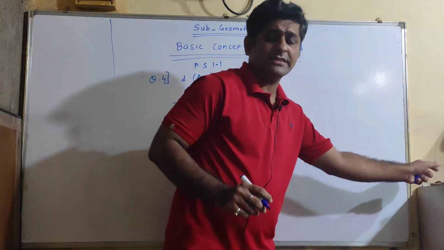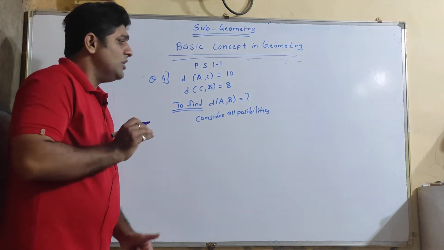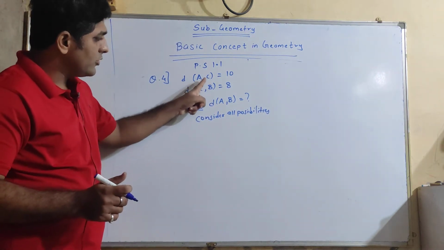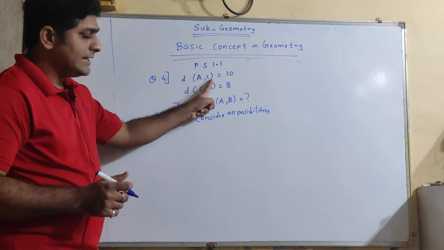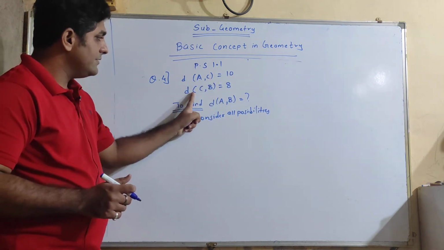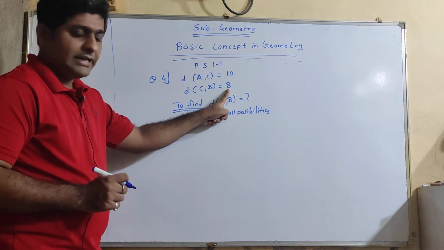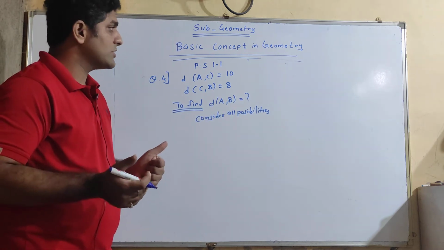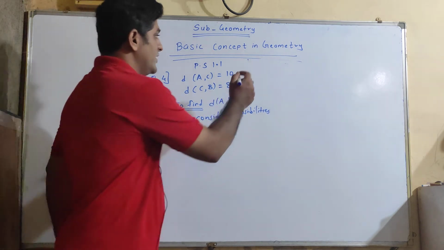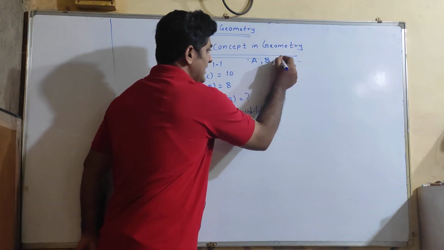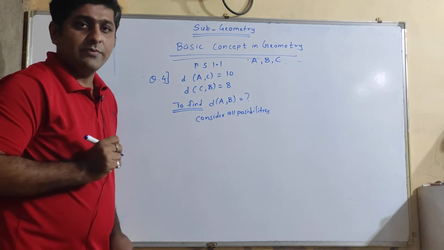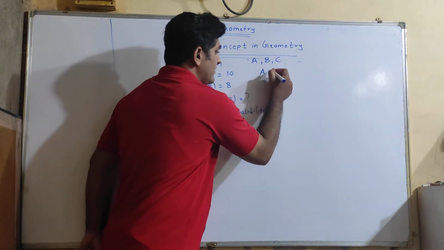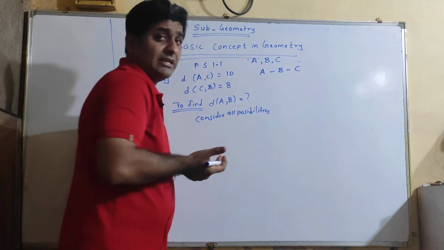Okay, so these are the distances that are given to us. Now we need to consider all the possibilities. First thing, look at the distances over here: AC 10, CB 8, AB we need to find. Now all possibilities means what? There are 3 points, A, B and C. What could be our 3 possibilities? First one will be B coming in the middle.